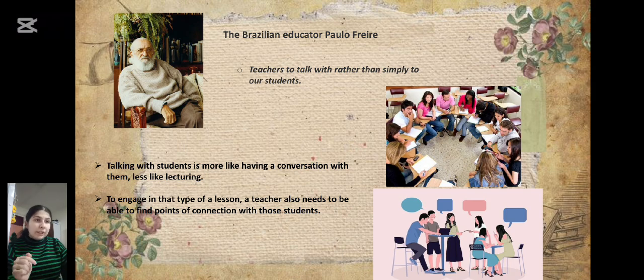Talking with students is more like having a conversation with them, less like lecturing. To engage in that type of lesson, a teacher also needs to be able to find points of connection with those students. So we can say that talking with students is much more effective than talking to. And talking with is like a conversation.